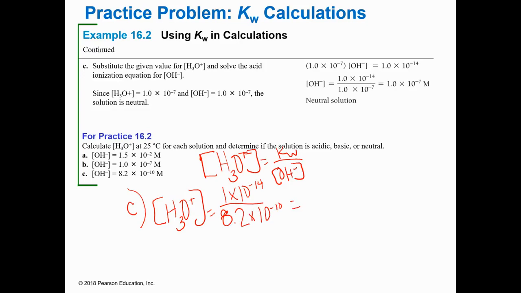And I get 1.2 times 10 to the negative 5, which means this is acidic because our hydronium is a larger number than our hydroxide. So just make sure you can do these. They do get easier with time, so don't worry about that.